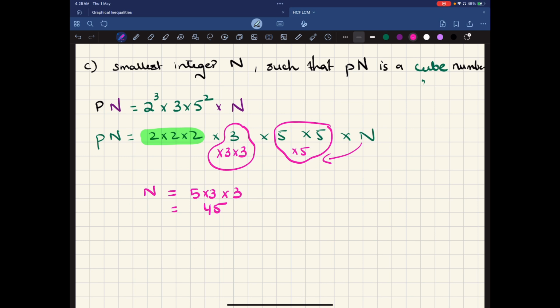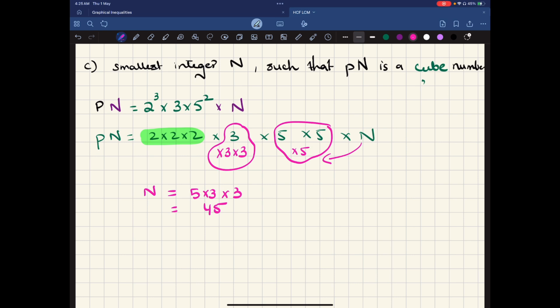Okay, so for squares, we're going to make sure that the factors are in group pairs of 2. For cube, we're going to make sure that the factors can be divided into groups of 3.